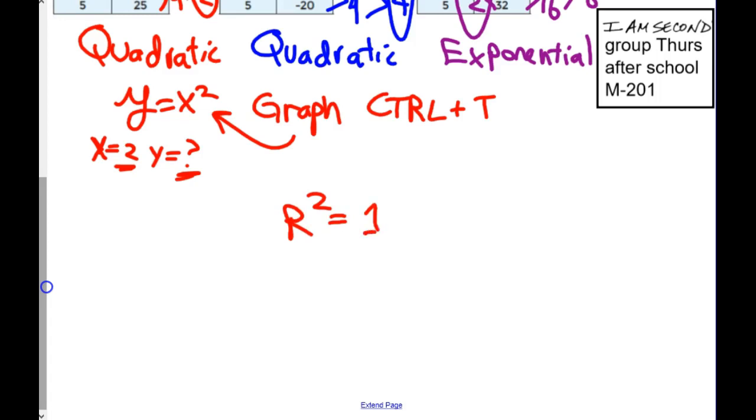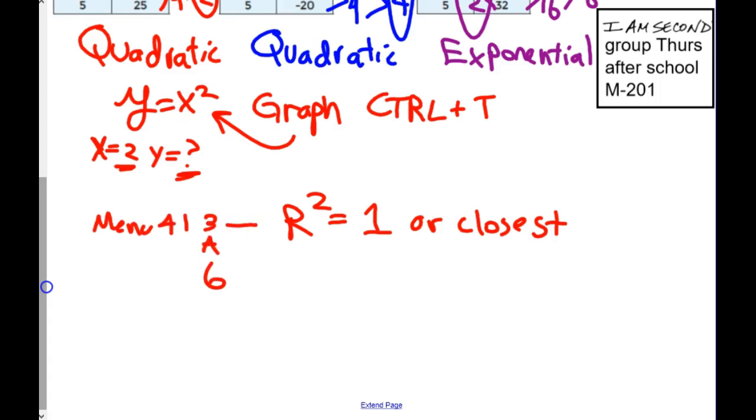So what matters, okay, if you have a table of values that are not exactly one or the other, what you can do is you can go into your calculator, do menu 4, 1, you can do 3, you can do A, you can do 6, you can do all 3 of them, and see which r squared equals 1.